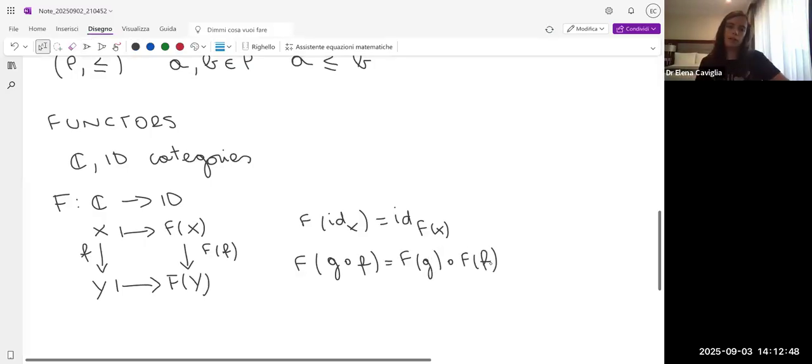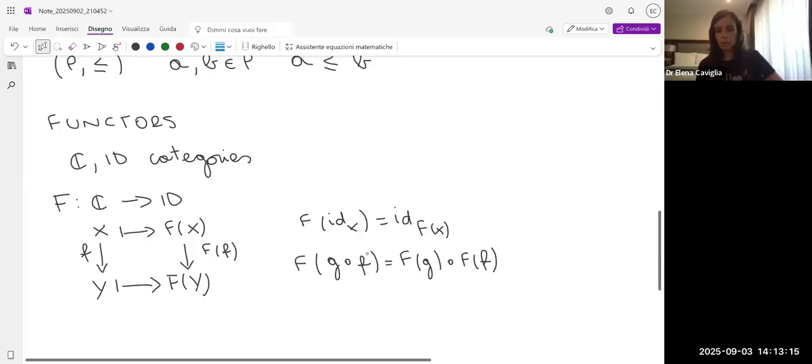And when we will talk about 2-categories, or in general two-dimensional categories, we will find some axioms for functors between these higher dimensional categories that will look a little bit different from these. Okay, so we will see how it will go, but for now we are only talking about categories.